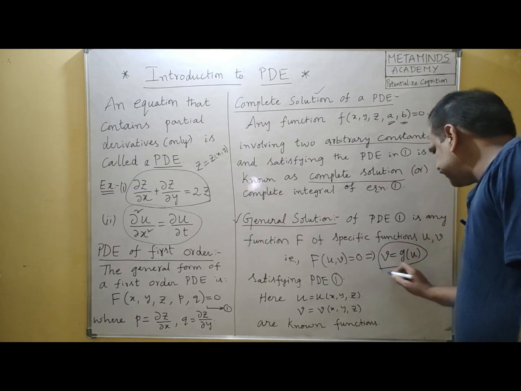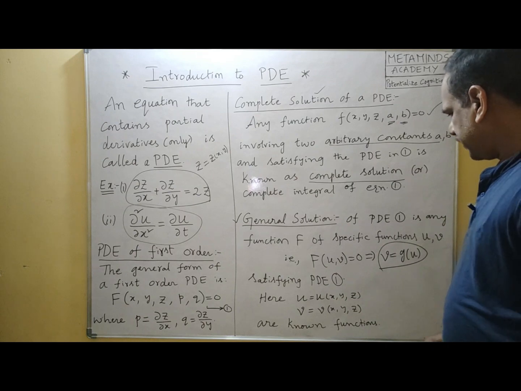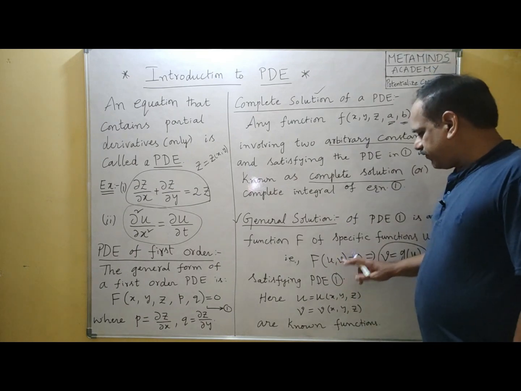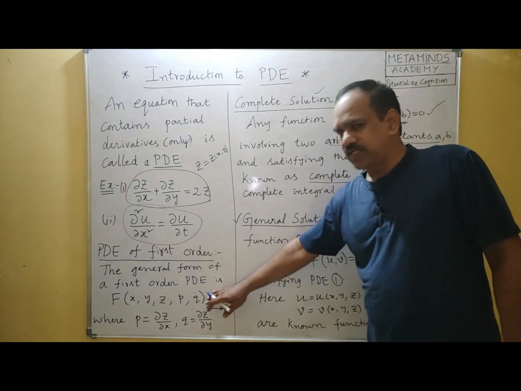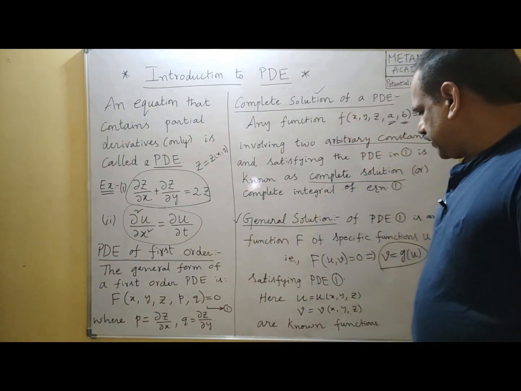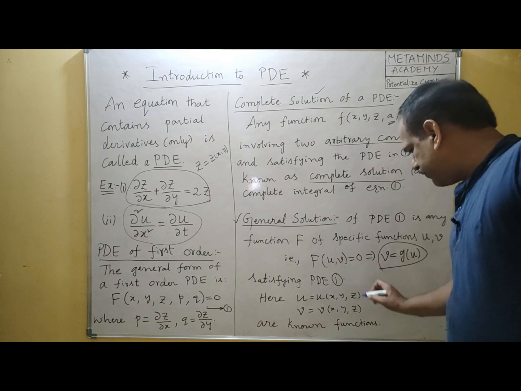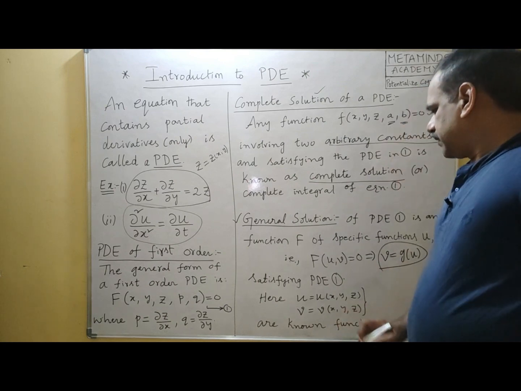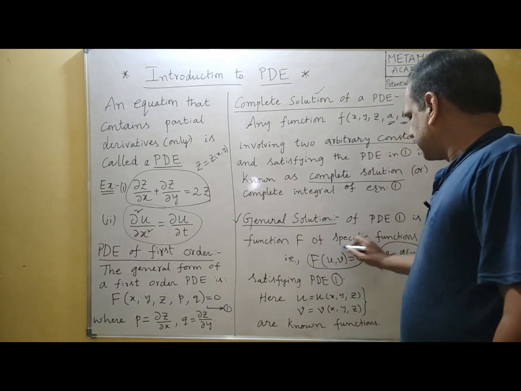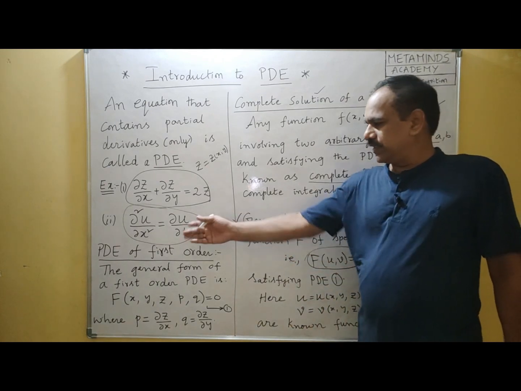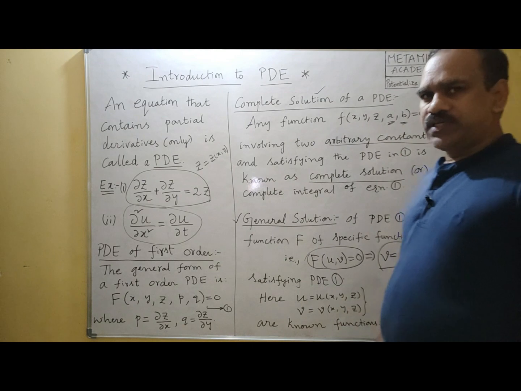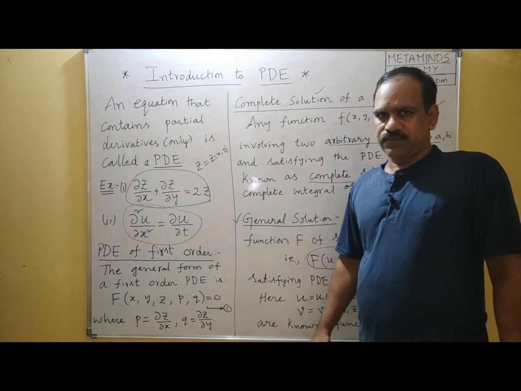So you have a relation between u and v which satisfies the given partial differential equation. If you can find such a u and v, then this equation is the general solution of the given first order partial differential equation.